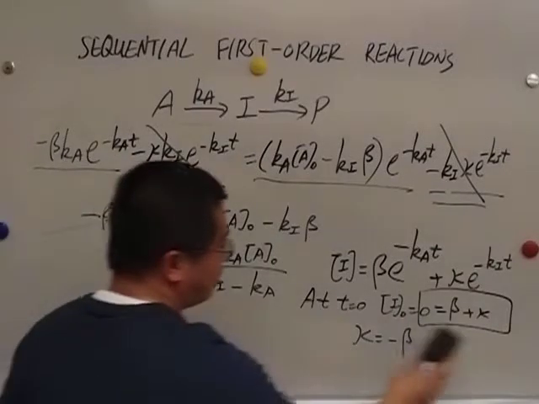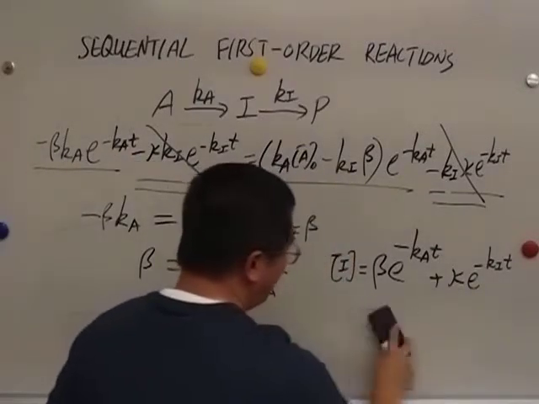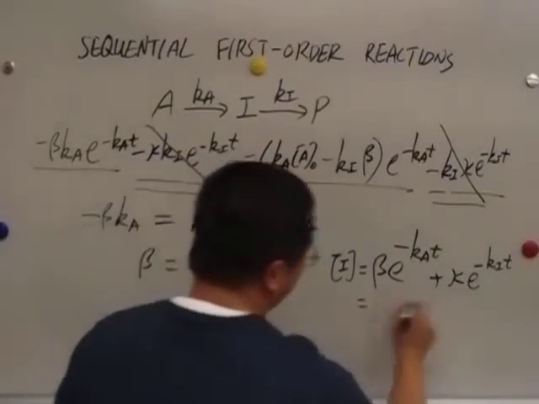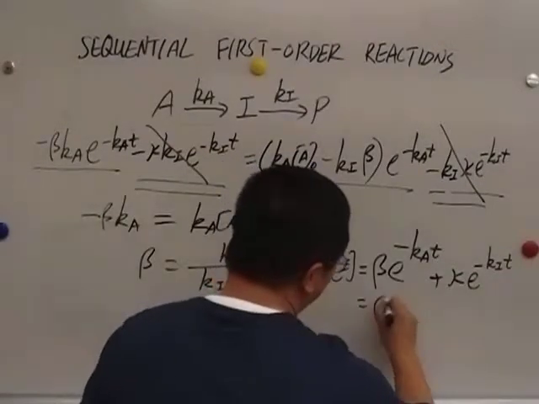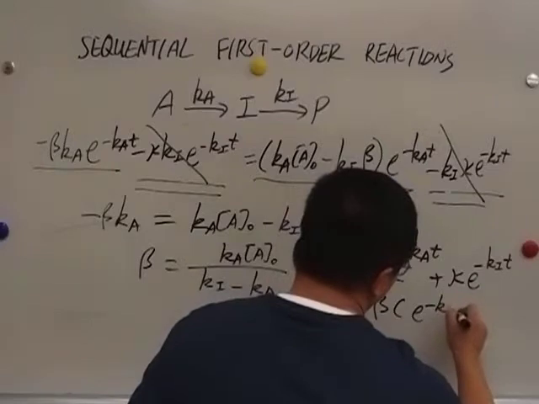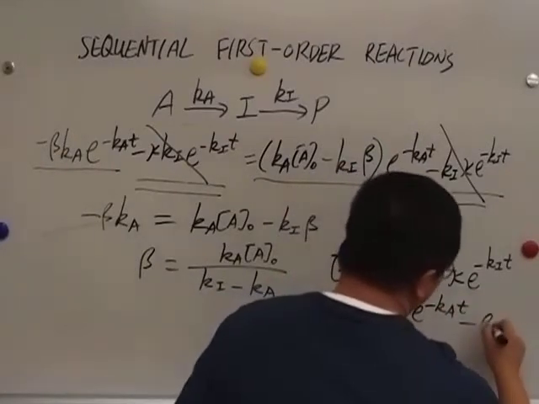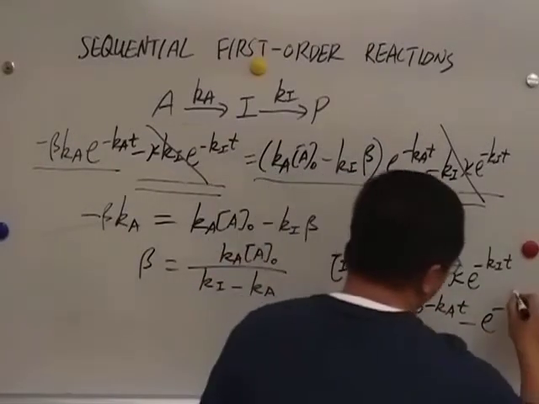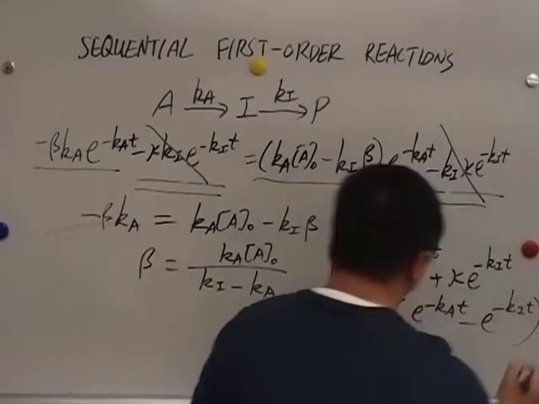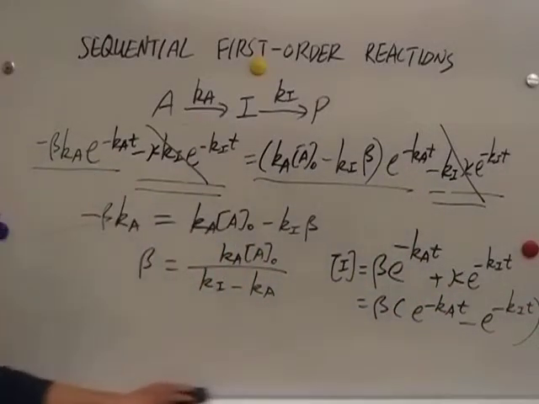And because of this, we can simplify the expression of I. Kappa is negative beta. Why don't we just combine these two exponential functions? That will give you the expression for I.